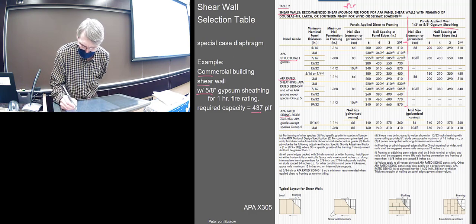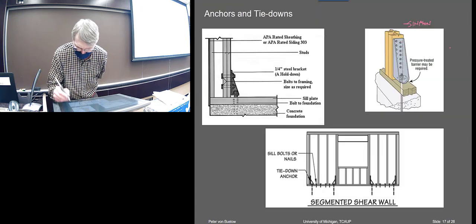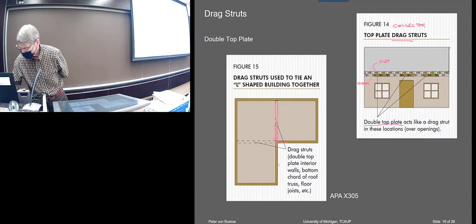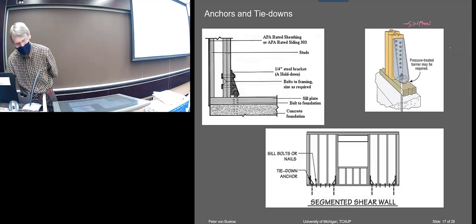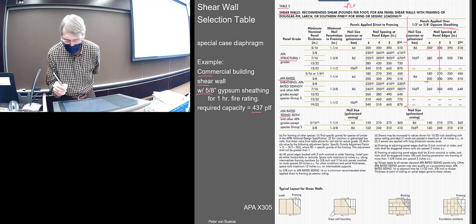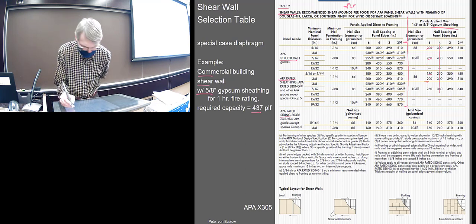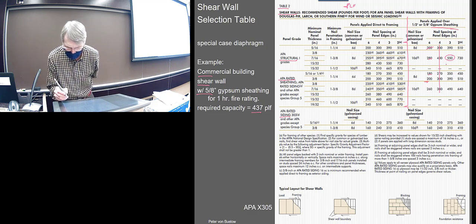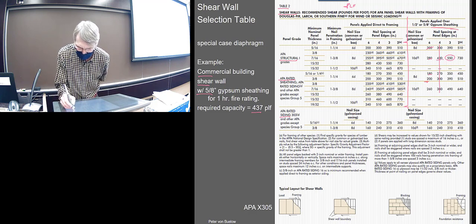So starting at this end, 437, yeah, those all fail. Okay, 437. Okay, this one passes. This one almost passes, 430, but not quite. 300. Okay, so this one would make it.